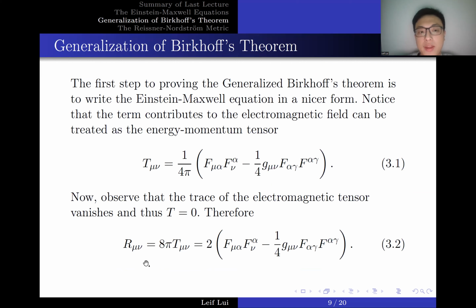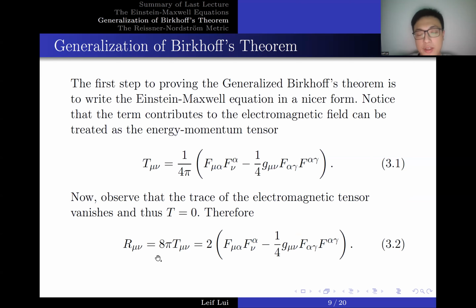So we can write the Einstein equations in a nice form. Usually, if the energy momentum tensor is not traceless, we would have to add an additional term like 8 pi over 2 times the trace part. But here we have quite a nice equation.